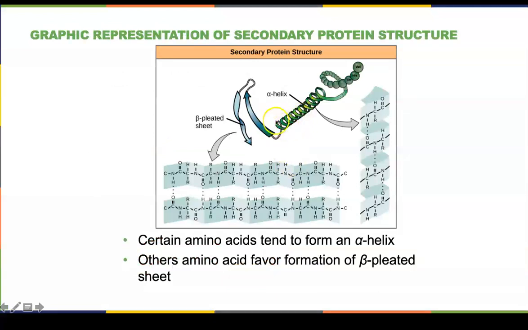An alpha helix, as you might expect, looks like a helix or a corkscrew. There's one pictured right here. It creates a spiral. There are certain organizations of amino acids that are going to create bonds that allow this helical shape to occur.